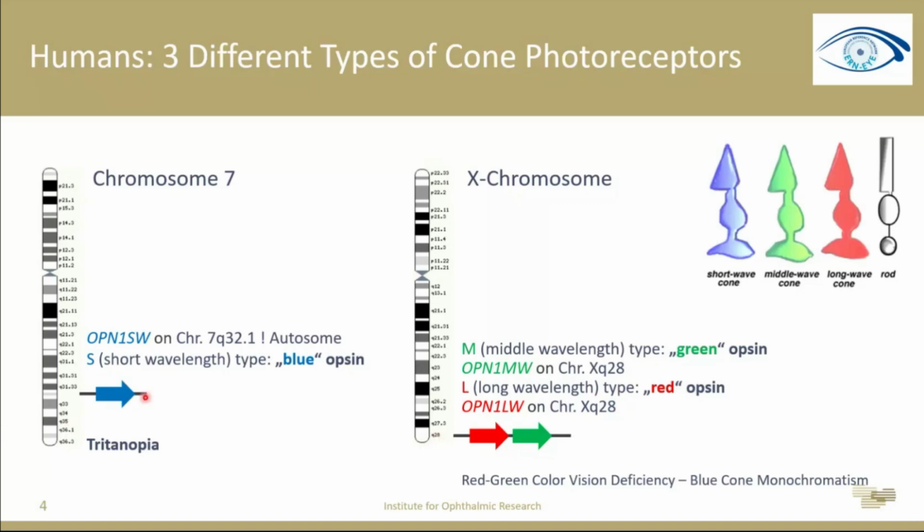The third opsin that we have is encoded by the OPN1SW, the short wavelength sensitive blue type. But today we're solely focusing on the red and green opsin gene cluster.